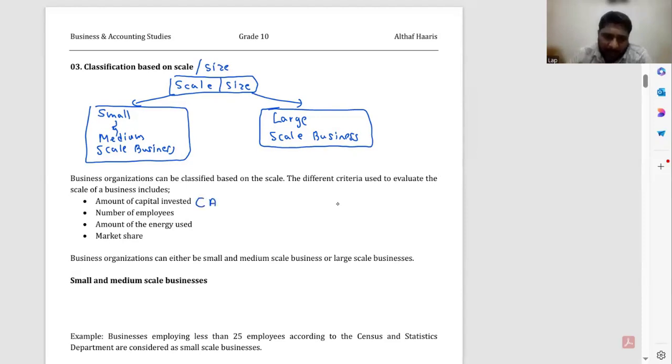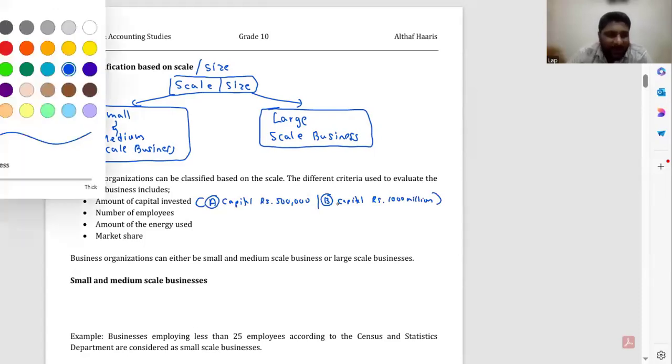Business A has a capital of rupees 500,000, whereas business B has a capital of rupees 1,000 million. So what is the small scale business?